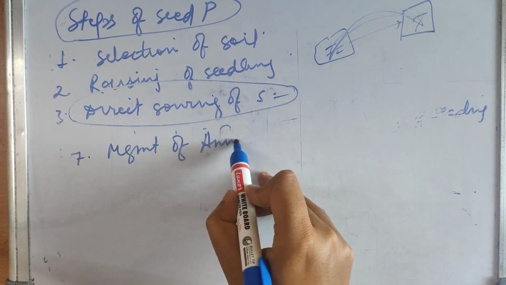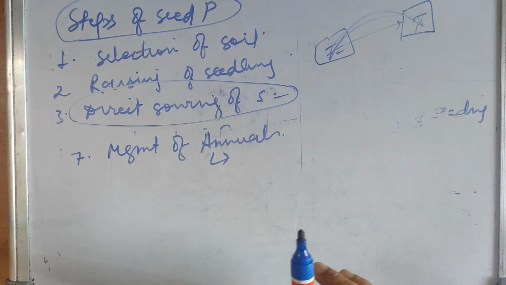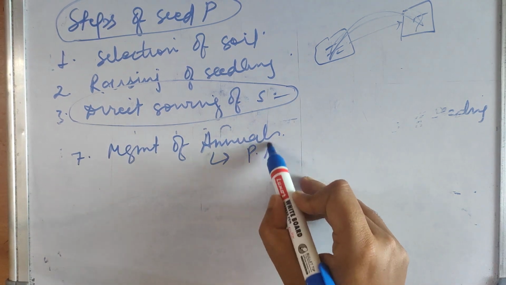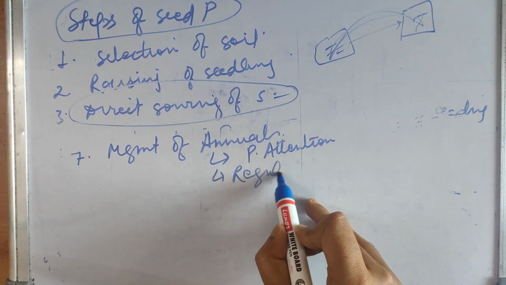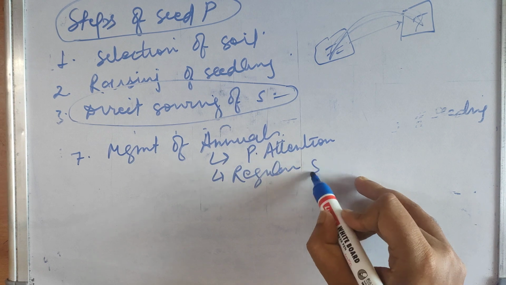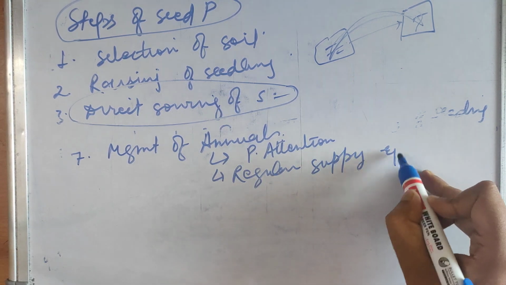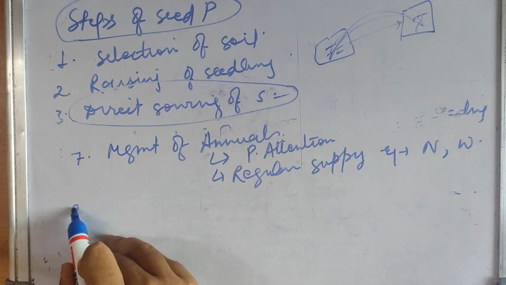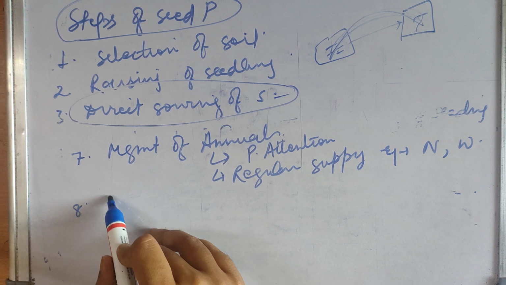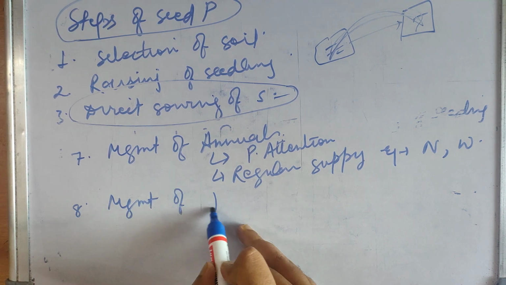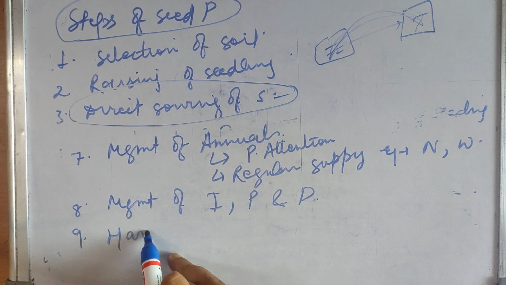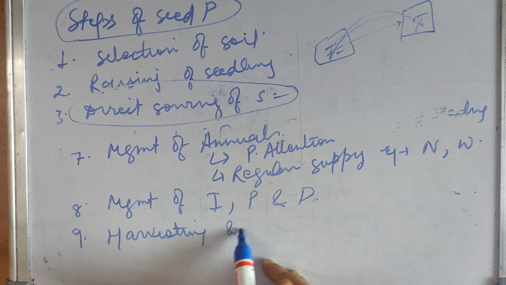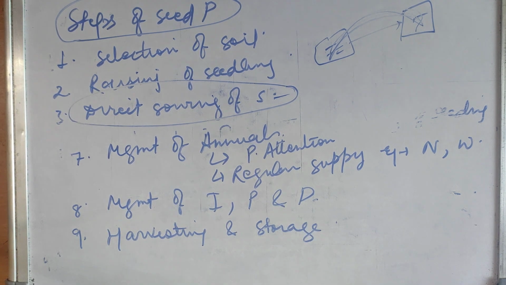They require proper attention, regular supply of essentials, such as nutrition, water, etc. Management of insect, pest and diseases. Harvesting and storage of seed. Then we harvest and store those seeds. So these are the steps of seed production.